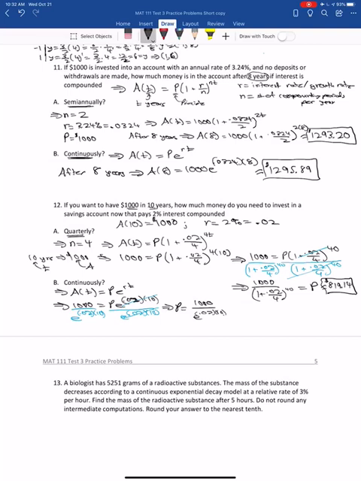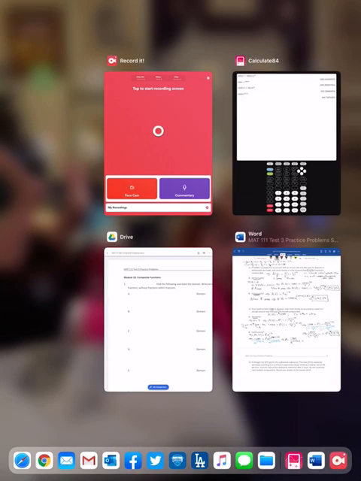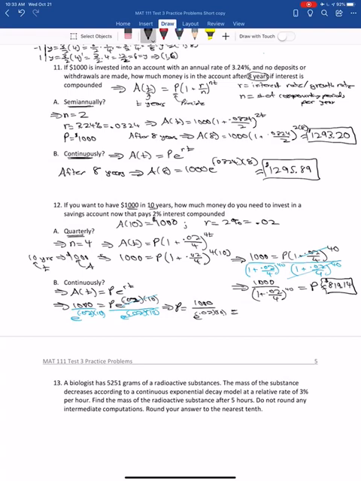So let's see what we come up with. What will our principal be on this one? Let's pull up our calculator again and type that in together. So 1,000 divided by, remember, second natural log key is e, 0.02 times 10 in the exponent, and we end up with $818.73.